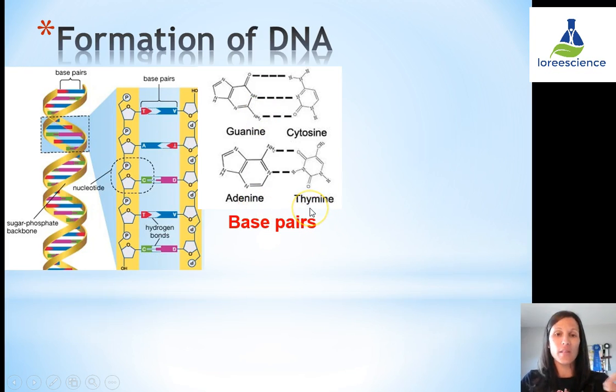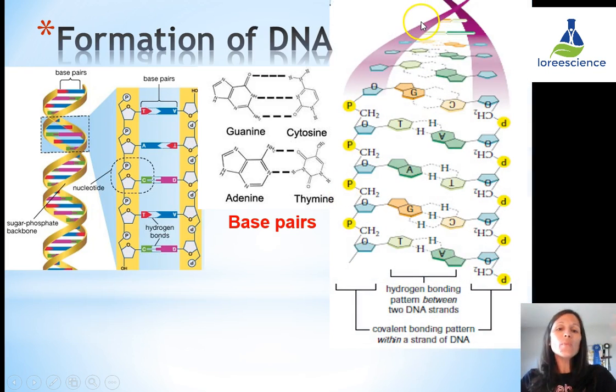Adenine and thymine, on the other hand, always bond together through 2 hydrogen bonds. One way you can remember it is the A and the T, the straight line letters, stick together. G and C, both curved letters, they stick together. This is called base pairing, and you will always find G bound to C, A bound to T when you're looking at DNA. So that would be how those 2 strands of DNA are held together.